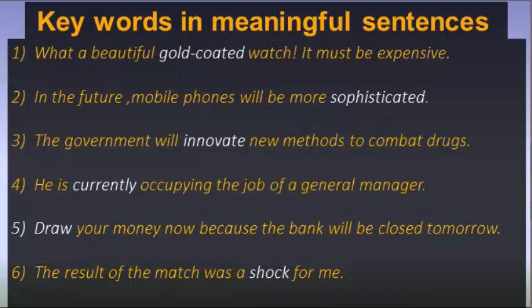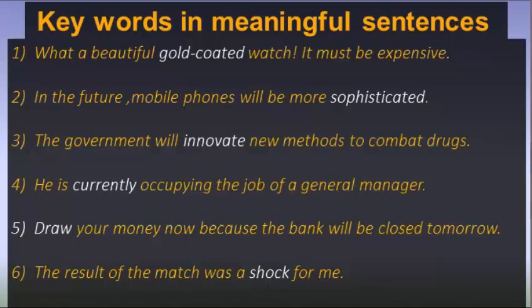Number five, draw your money now because the bank will be closed tomorrow. If the bank is closed, you cannot draw money from the bank. So get money now, or take your money from the bank.